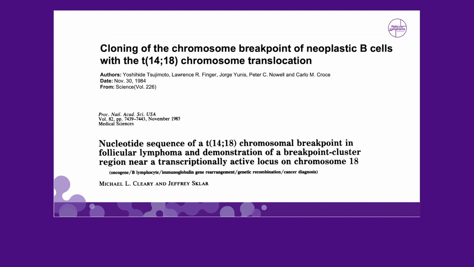And then in 1984, Carlo Croce, together with the famous Peter Nowell that identified the Philadelphia chromosome, cloned the breakpoint, the joining piece between the 14 and 18 chromosomes, and found this gene, which is called BCL2. A year later, Cleary and Sklar came with a similar finding in another patient.